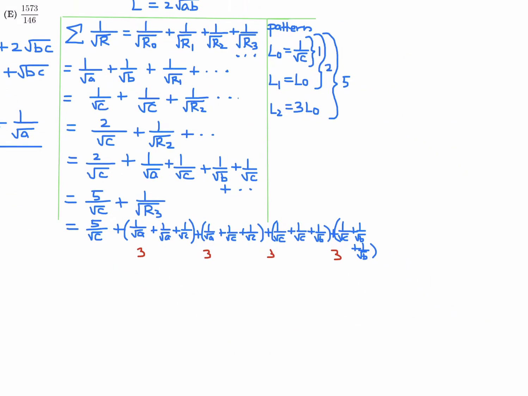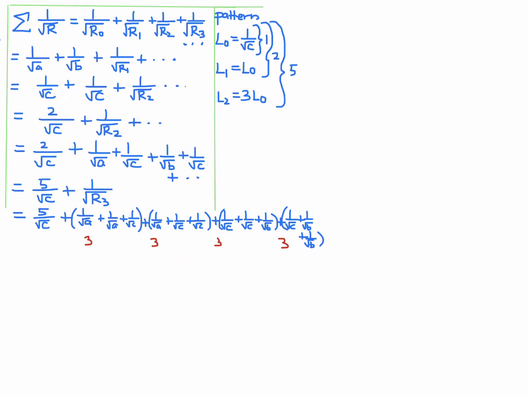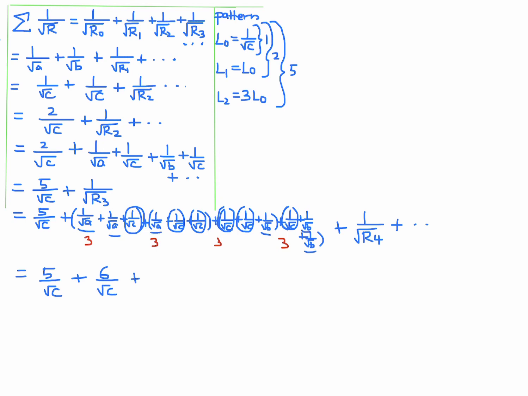All right, so now we can finally combine them. And of course, this keeps on going with 1 over R4 dot dot dot. So this is 5 over root C. How many root C's do we have? 1, 2, 3, 4, 5, 6. So another 6 over root C. And then we've got 1, 2, 3, and 1, 2, 3.